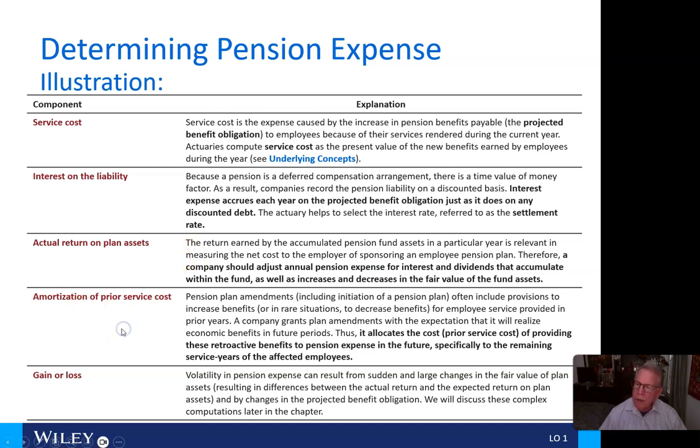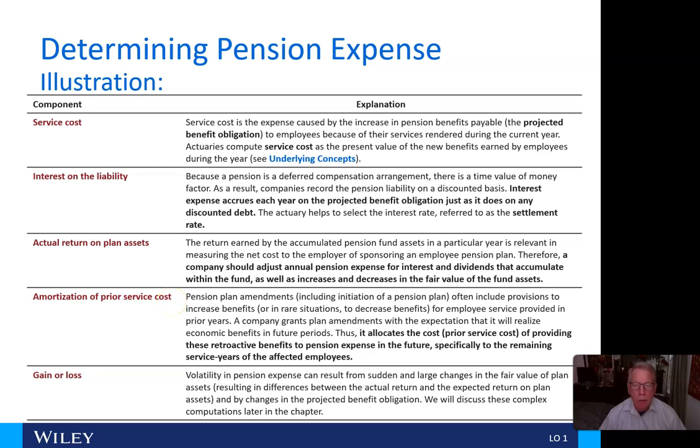Number 4, the amortization of prior service cost. Pension plan amendments, including initiation of a pension plan, often include provisions to increase benefits or, on rare occasions, to decrease benefits for employee service provided in prior years.